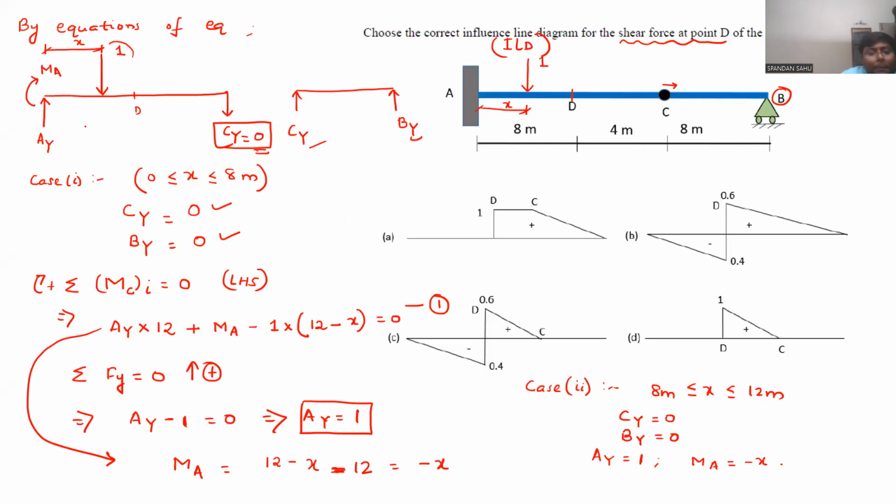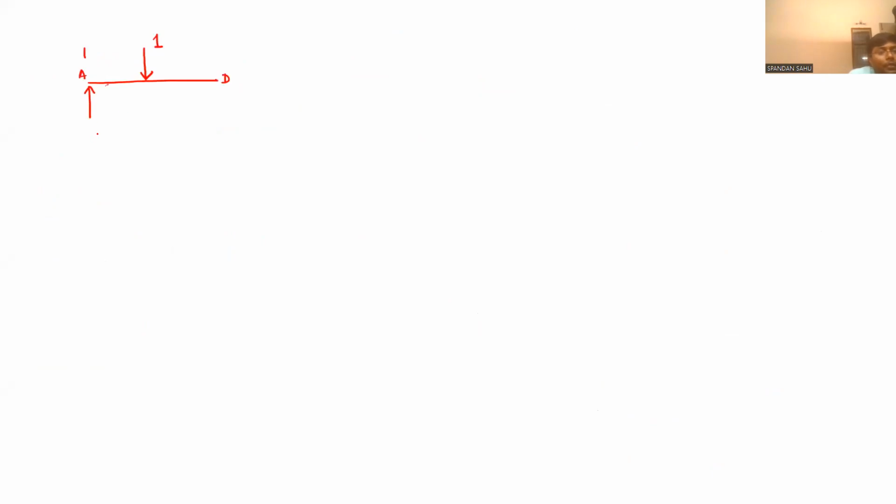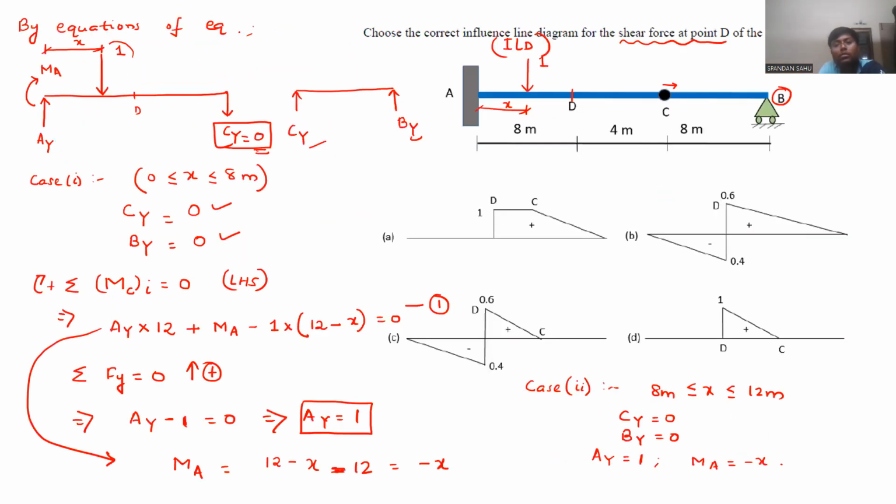And when our unit load 1 was moving between A and D, we got Ay as, what was the value? Ay as 1. And this was x, and x was varying from 0 to 8 meter.